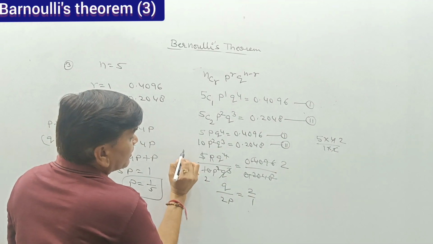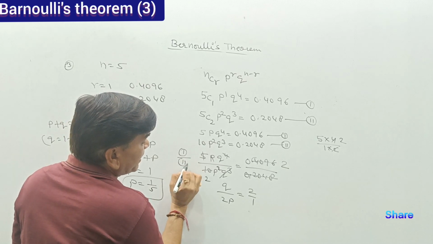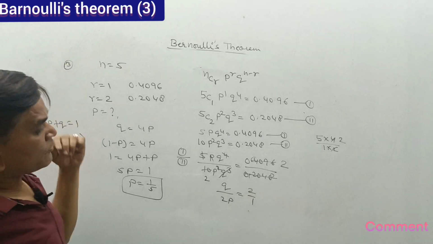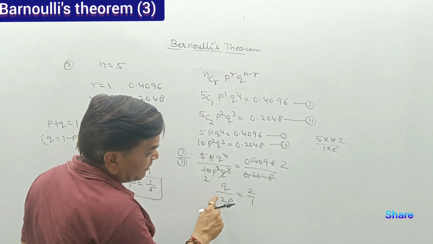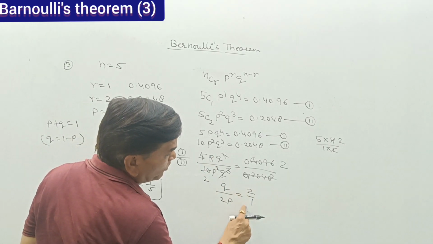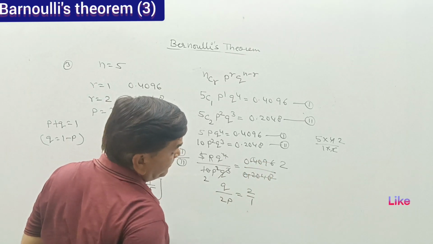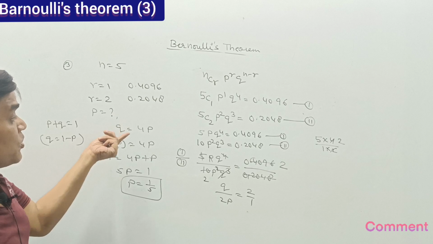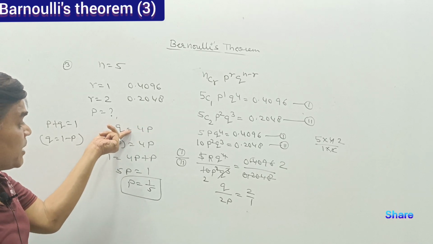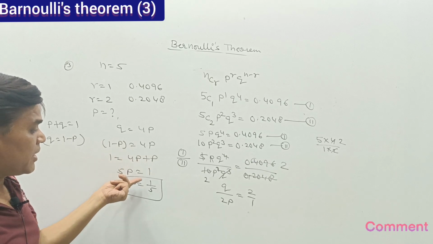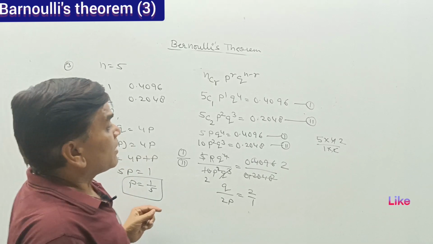Now equation 1 divided by equation 2, we have q divided by 2p is 2 times. So q is equal to 4p, and putting 1 minus p for q, 1 is equal to 5p and p is equal to 1 by 5.